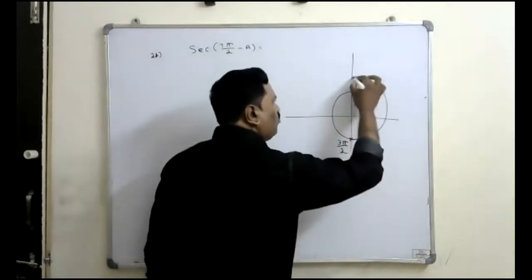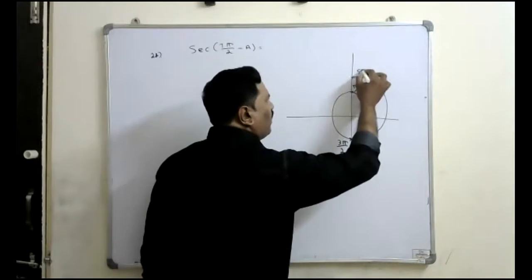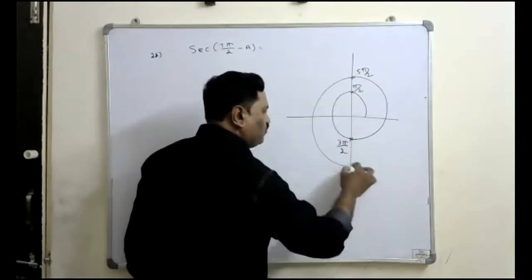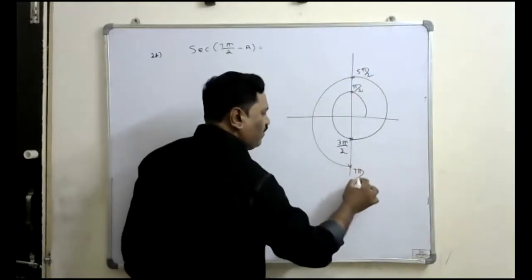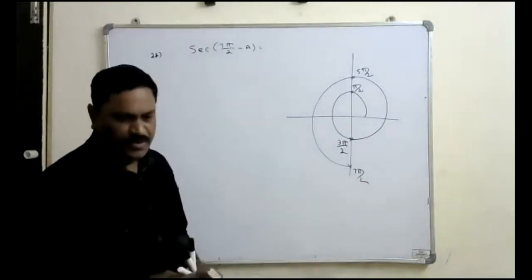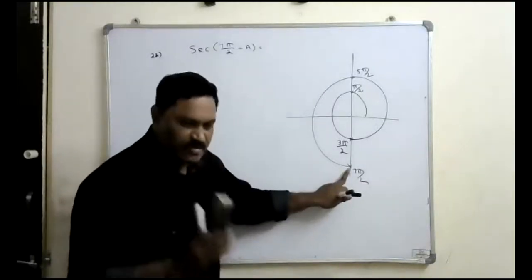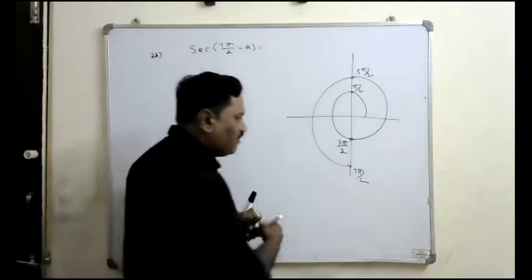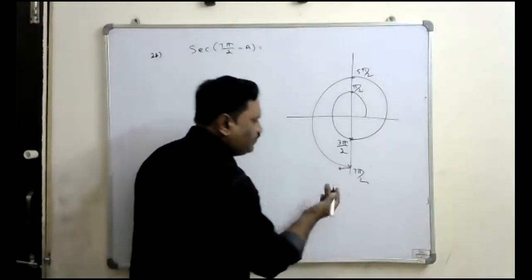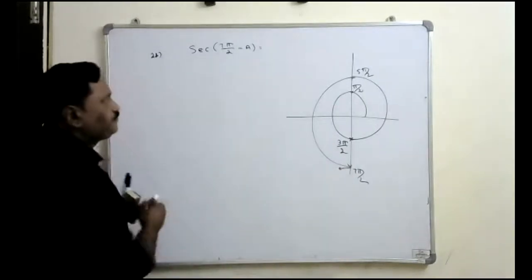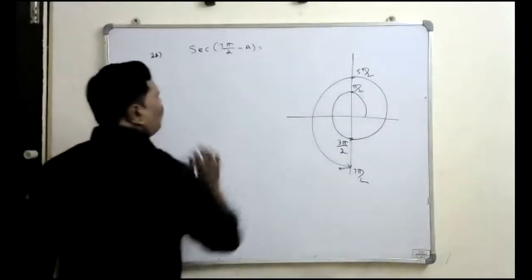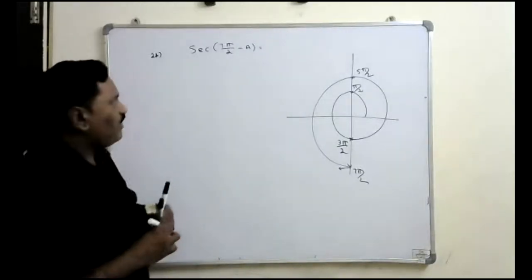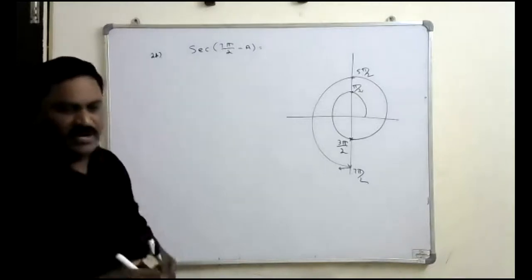Again, one more rotation, this is the angle 5 pi by 2. And again if you come to here, this is the angle 7 pi by 2. So 7 pi by 2 lies on the negative y-axis. From that, if I subtract something, in which quadrant does it lie? Third quadrant. 7 pi by 2 minus a lies in the third quadrant.